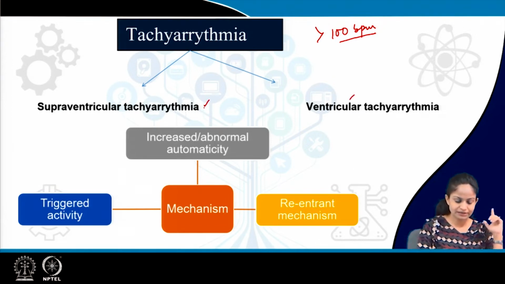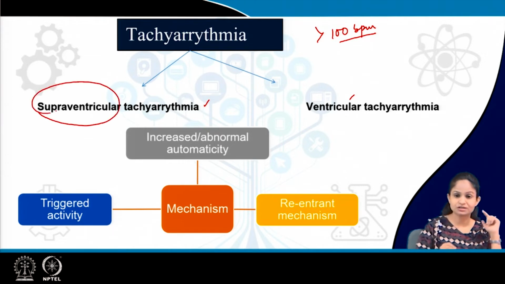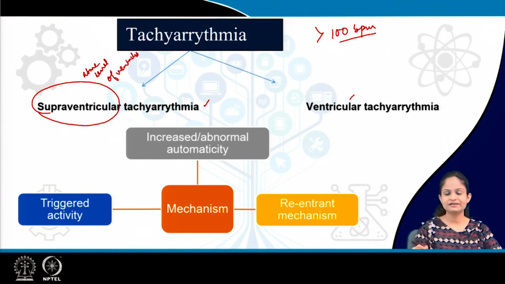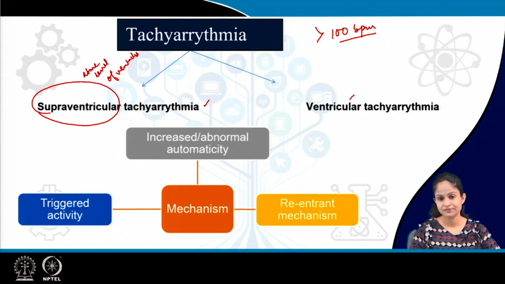Supraventricular, as the name suggests, means above the level of the ventricles. That means this tachyarrhythmia can arise at the level of the atria, at the level of the AV node, anywhere. Ventricular arrhythmia means the tachyarrhythmia occurs at the level of the ventricles.